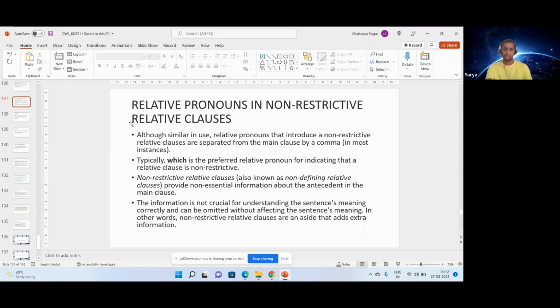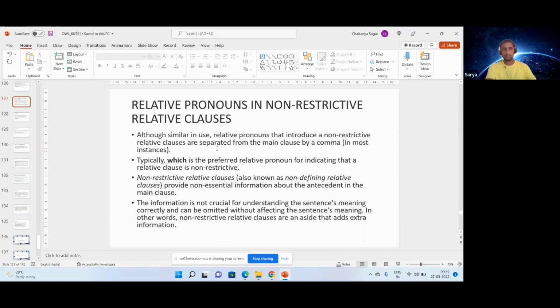There are some exceptional cases where they could be used interchangeably. But in restrictive relative clauses there would not be any comma, because the information in that sentence is very vital and important. In the non-restrictive one, because it is adding extra information, there needs to be a comma.